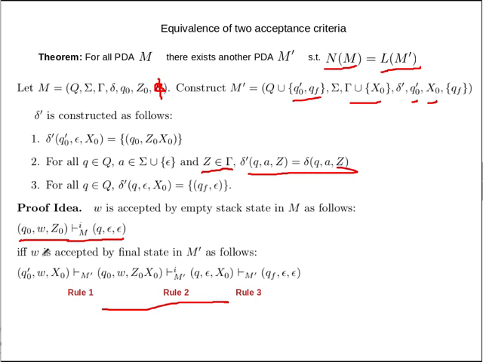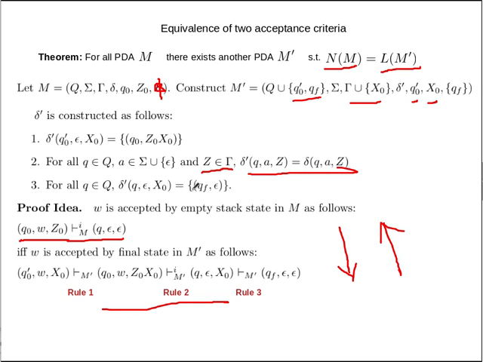So we proved this direction, but the opposite direction is also true. Why? Because if you are accepting by final state, that means you have to enter this state qf, where the input is epsilon, so all the input strings are consumed, and you can enter this qf only via this transition.